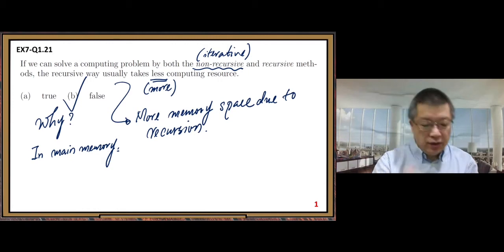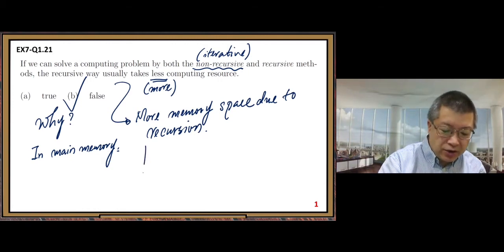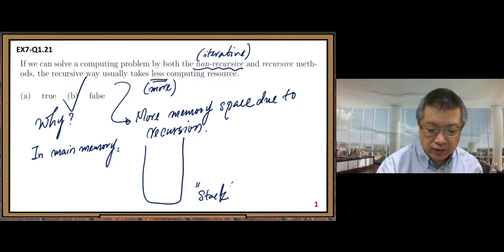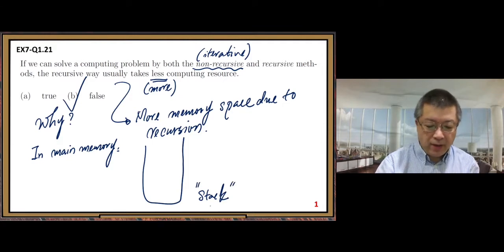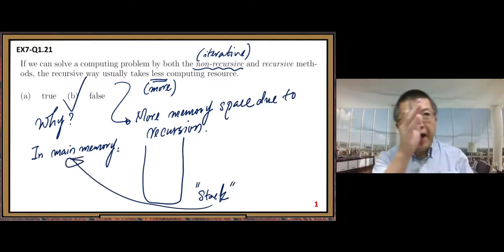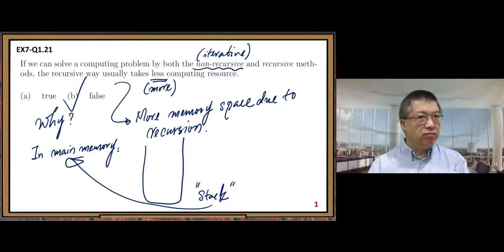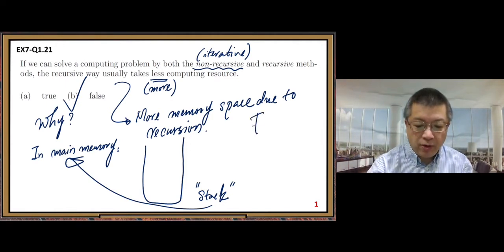So the idea is using stack data structure. Stack data structure in main memory. Create a stack to implement recursion. Okay? Here, let me use the Fibonacci example.